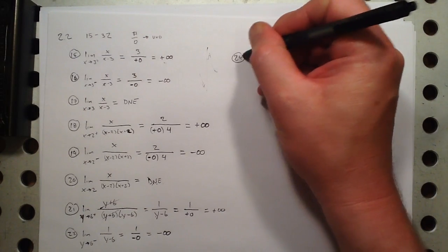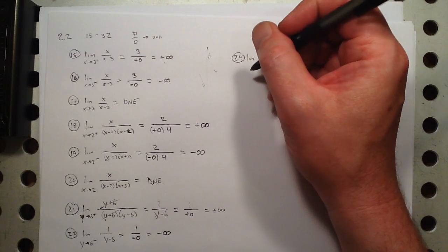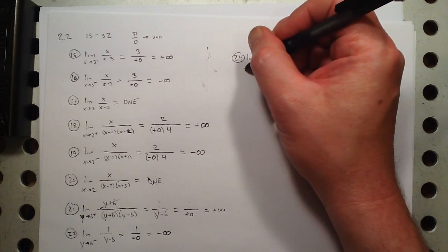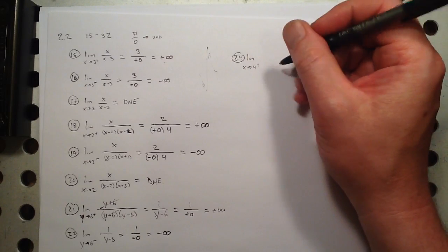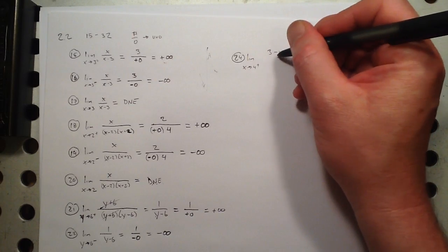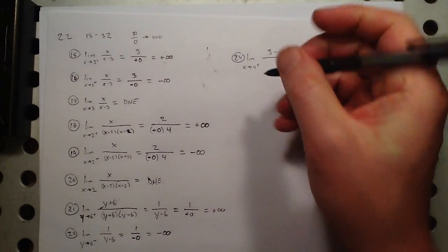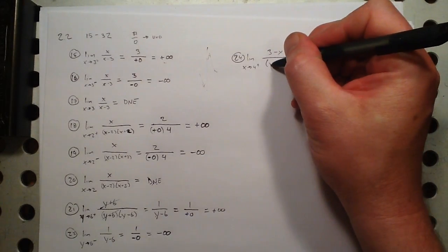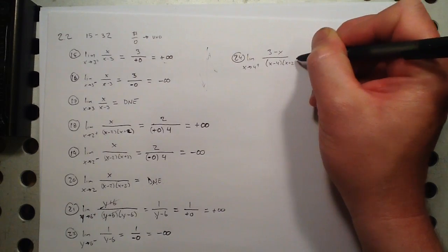So number 24, I've got the limit as x approaches 4 from the positive side of 3 minus x over x squared minus 2x minus 8. So I'm going to go ahead and factor that. That's x minus 4 times x plus 2.